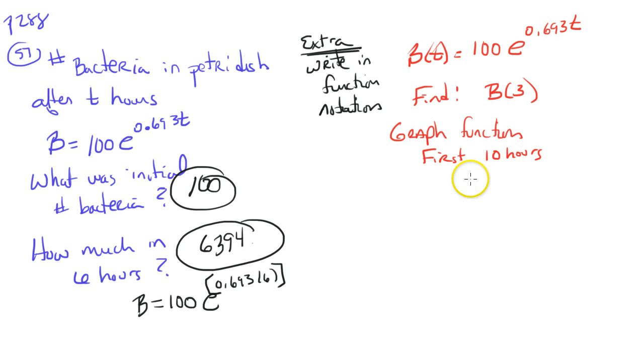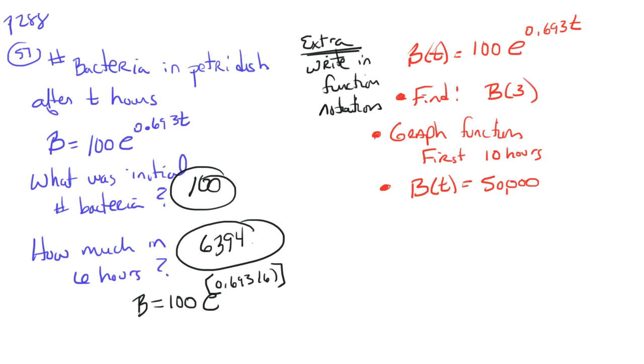And then let's find where B of t equals 50,000 bacteria. Okay, so we're going to do 3 things: graphing, finding B of 3, and finding 50,000. Hopefully you kind of put it together.